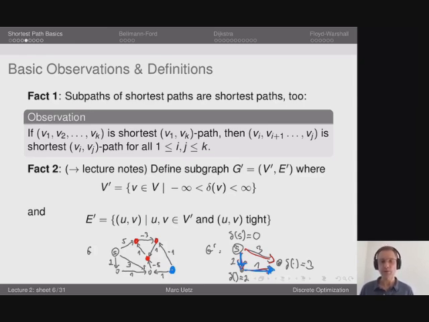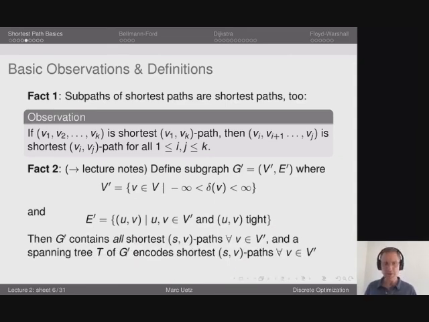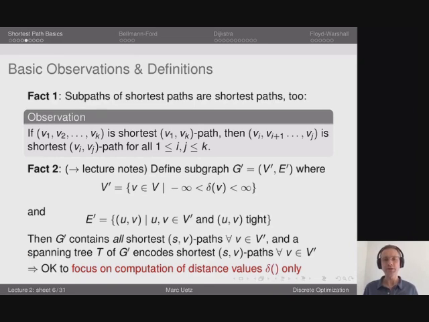So in the following, we are just going to focus on computing these values delta in any given graph, because we know that the paths themselves can be computed very easily. Okay, so this is again summarized here on the next slide. And hence it is totally okay to focus on just the computation of the distance values.